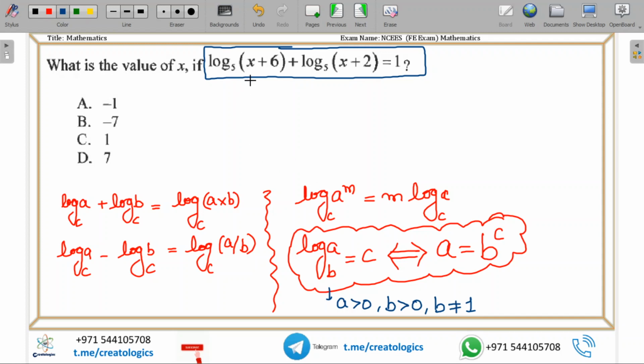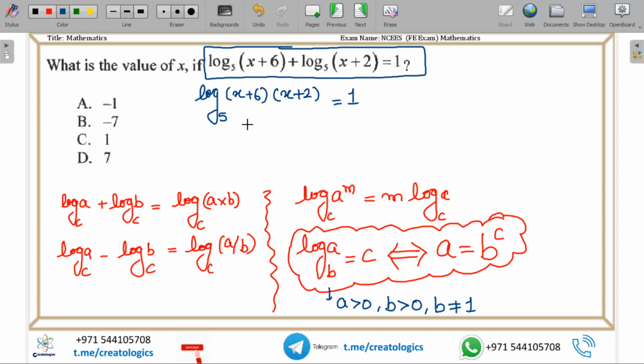We have the bases the same, 5 and 5, and a plus sign between the logs. So I can rewrite it as log to the base 5 of (x plus 6) times (x plus 2) is equal to 1.